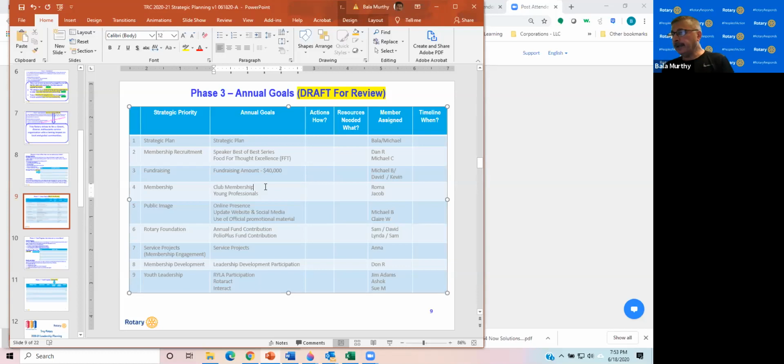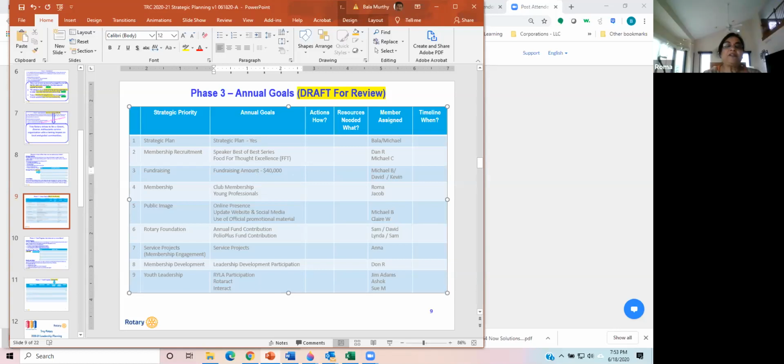One is agree on a group, maybe spend the next 5 to 10 minutes on the goals. Like we already said, fundraising, 40,000. Strategic plan, all it means is yes or no. Speaker, best of the series, those are the things, and then club membership, etc. We should go through and agree on certain, like we said, large or higher goals, and then break it into groups. That does make sense?